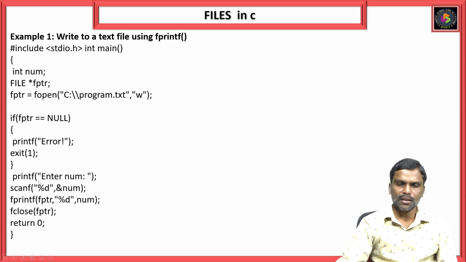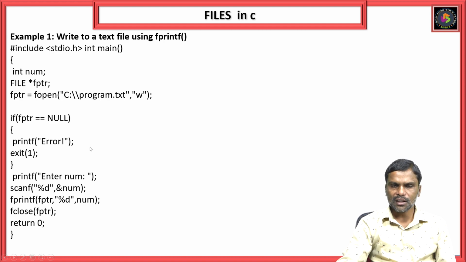As we are taking a number, I am simply asking for it and scanning the number with scanf %d, &num, and fprintf file pointer, %d, comma num. Then fclose(fptr), this is the function we are using for closing a file. Then return 0. This is another basic program in which you are writing something.